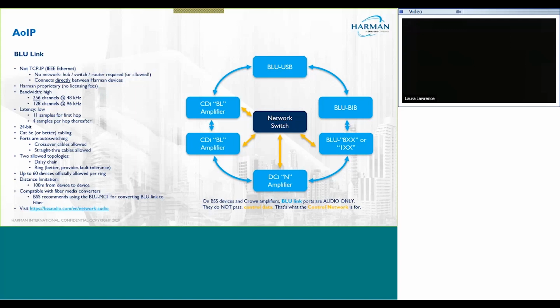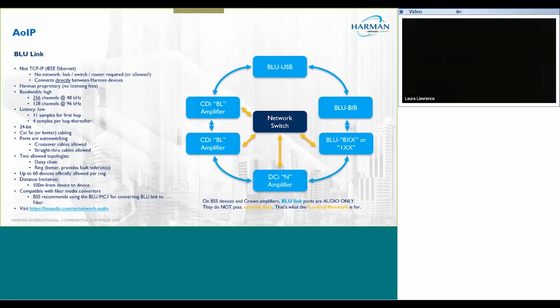Oftentimes you have to pay for a drop, in some cases for every drop onto the corporate network or the campus network or whatever that might be. Oftentimes there's a fee to pay just for the drop, and then there's also a monthly maintenance fee for that drop. That would not be any kind of a concern whatsoever with BLU Link because it doesn't touch the network.